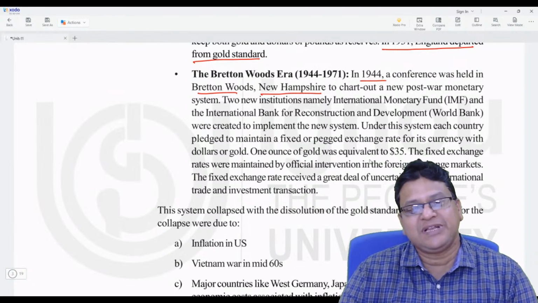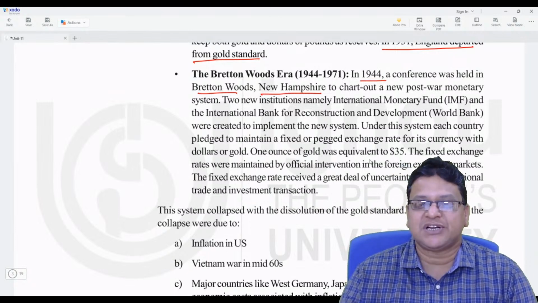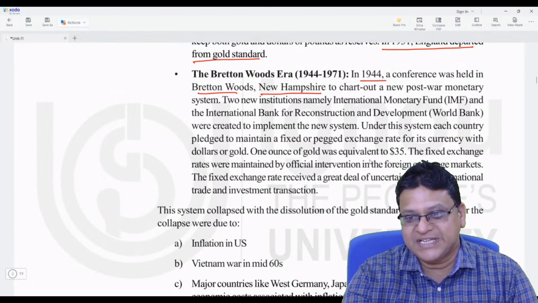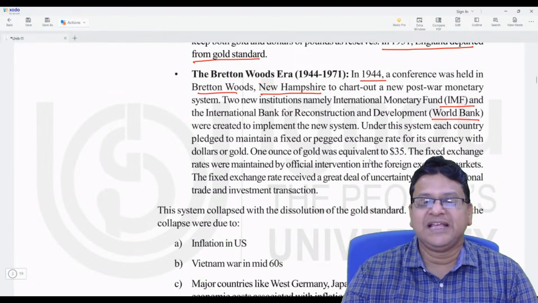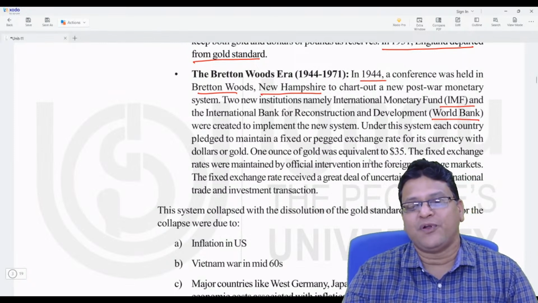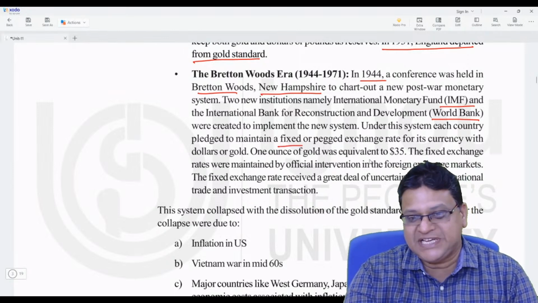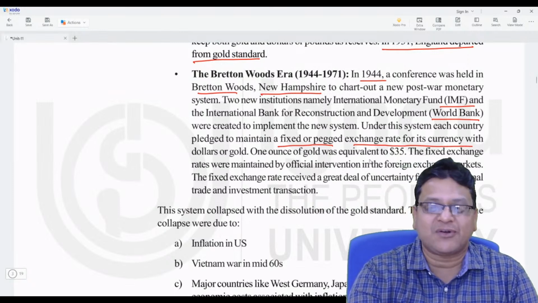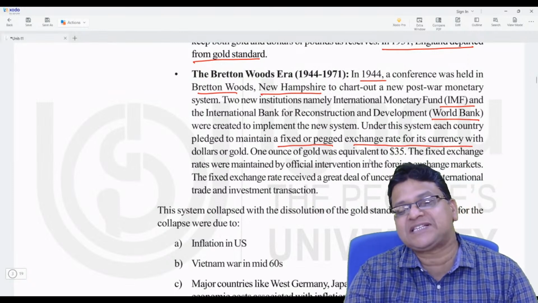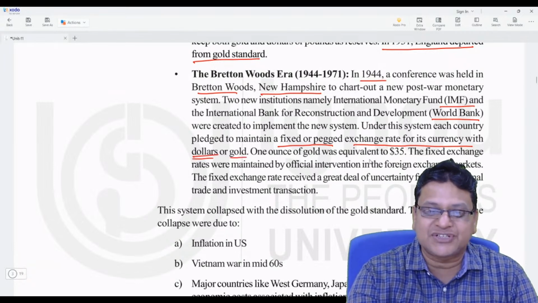For this, during the Bretton Woods conference, they decided they would set up two institutions. One is the IMF, another is the World Bank. Again, they decided to follow one type of exchange rate, known as the fixed exchange rate or pegged exchange rate for their currency, and they would fix the exchange rate in relation to the dollar or in relation to gold.